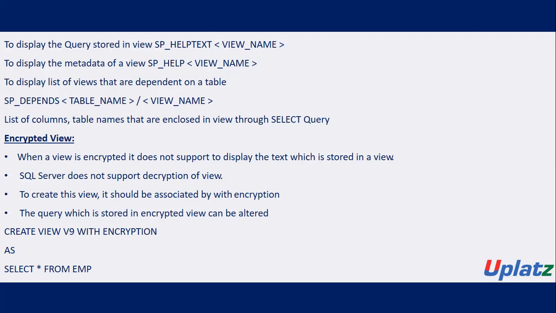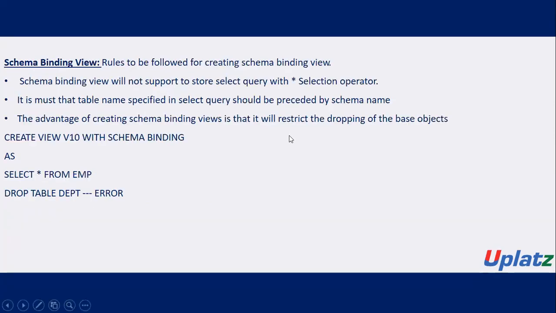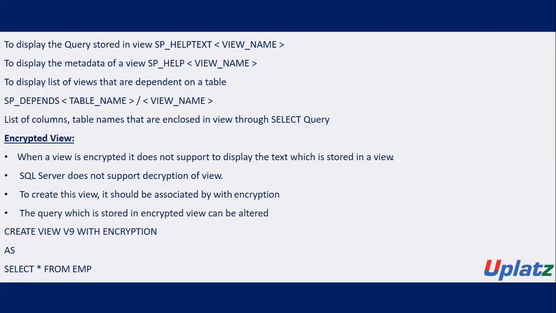Create view V9 with encryption as select star from employee. So we created an encrypted view, where it does not support displaying the text which is stored in the view.